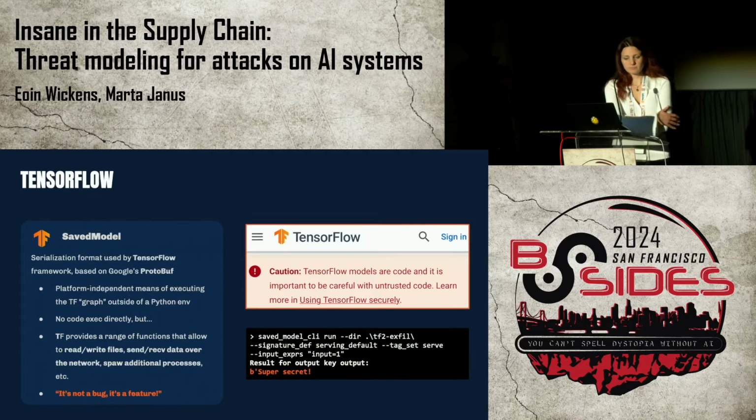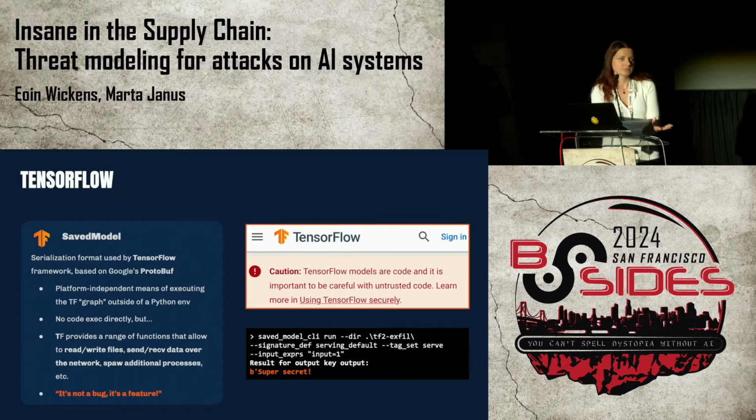Now, TensorFlow is another machine learning framework. It's a little bit of a different beast. It uses a file format called SavedModel, which is based on protobuf. And per se, SavedModel doesn't, well, so far we didn't find a code execution vulnerability in it. But again, TensorFlow itself provides us with functionalities that can be abused and can be used to create malicious machine learning models.